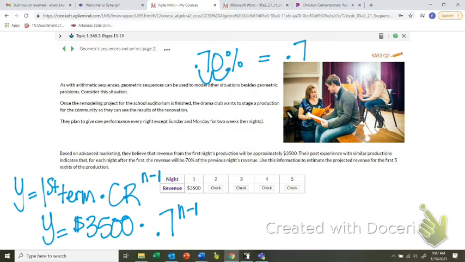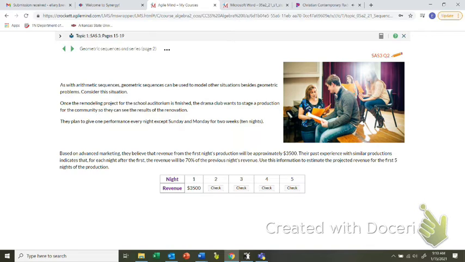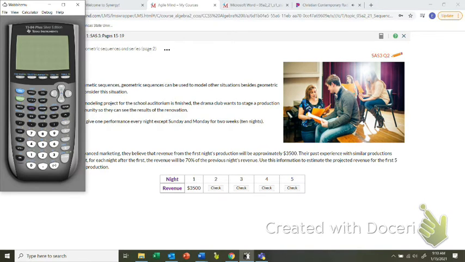Got it? So, first, all right, we've got 3,500 times 0.7.